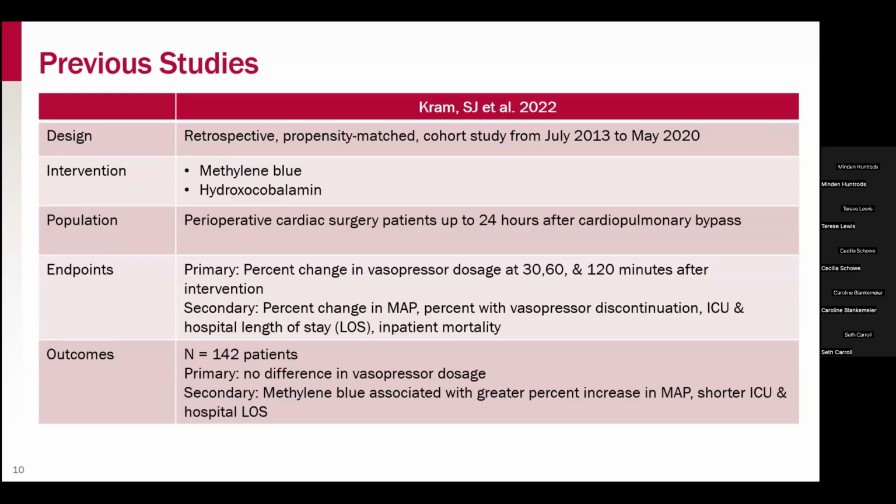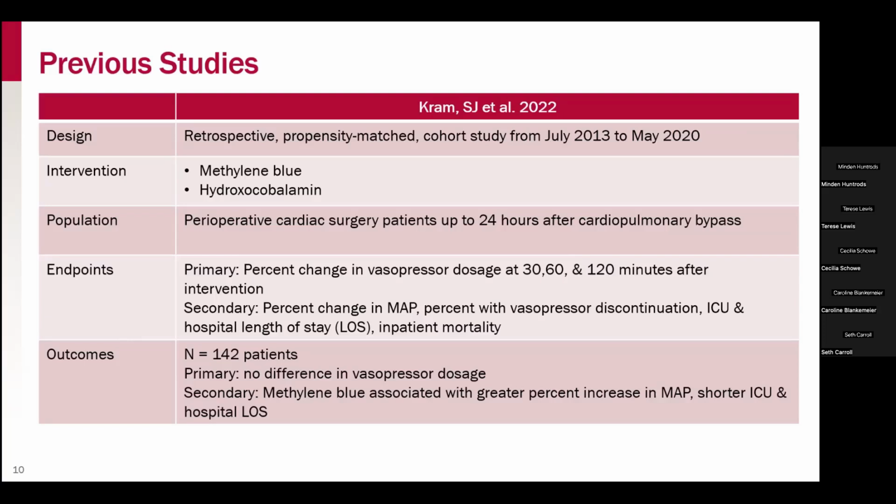The next study by Graham and colleagues was another retrospective propensity matched cohort study from July 2013 to May 2020. This one also included patients that received either methylene blue or hydroxocobalamin. Again, these patients were perioperative cardiac surgery patients up to 24 hours after cardiopulmonary bypass.